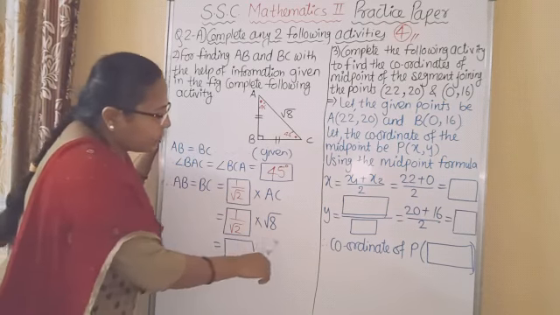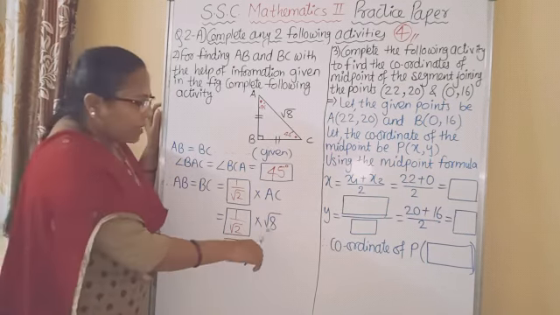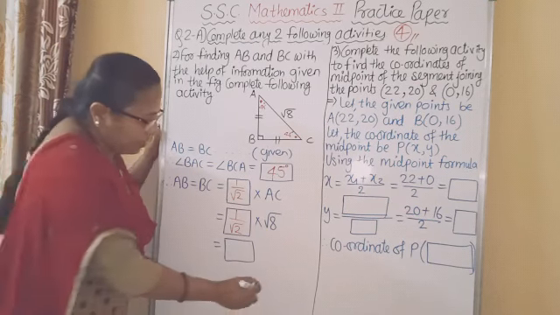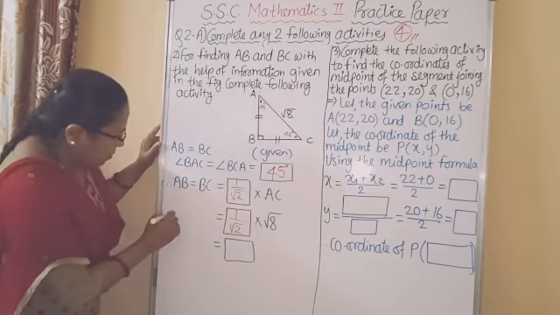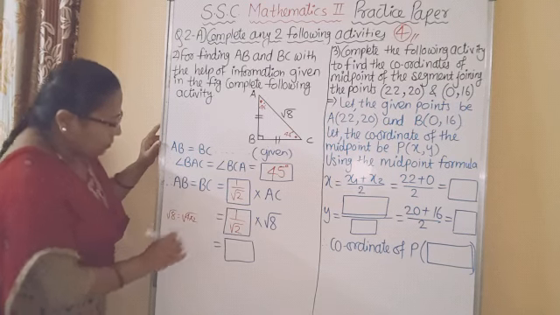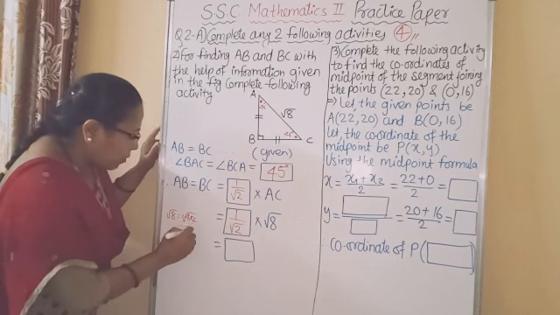Okay. So here this root 8 we have to convert in multiples. Factors of 8 are 4 twos are 8. See here I am doing the rough work. Root 8 is equal to root of 4 into 2. Square root of 4 is 2. So here you will get 2 root 2.